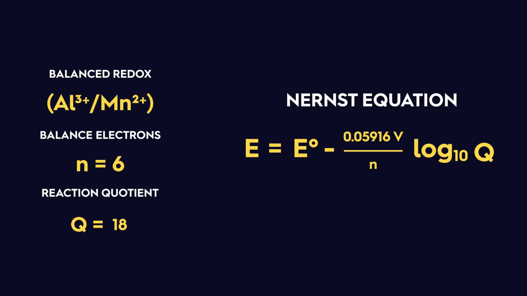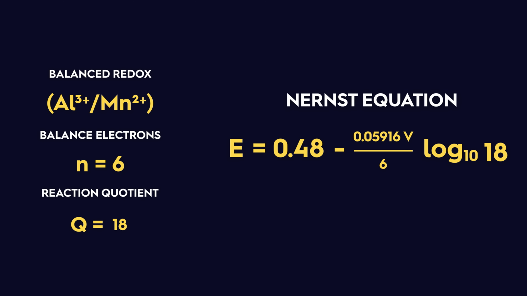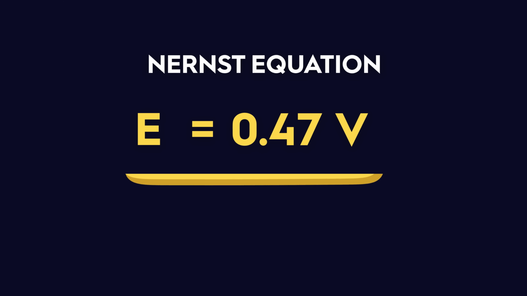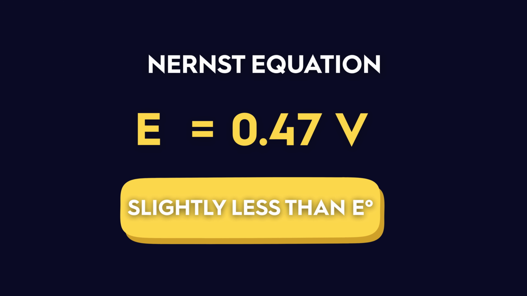Finally, compute the potential. E equals 0.48 minus 0.05916 divided by 6 times log base 10 of 18. That gives about 0.47 volts, slightly less than E naught, as expected when products are in excess.